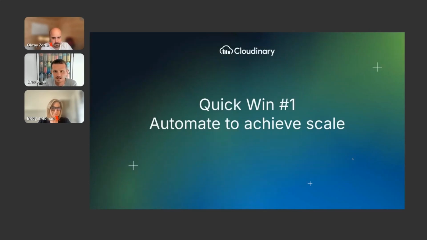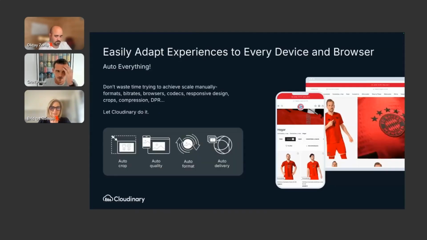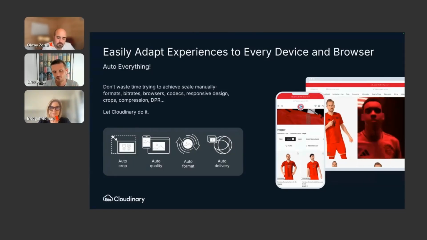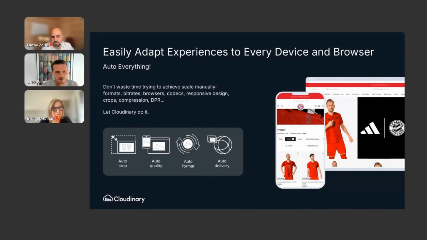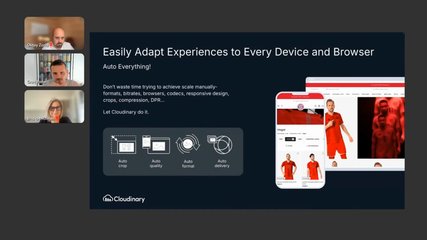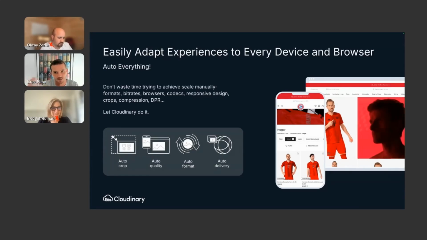So first use case is around automation at scale. And specifically, what we see is that the number of media files, think images and video, is always ever growing, right? And it's moving very, very fast. So it's very difficult to manage that manually. And one of the elements as well is that the quality and the resolution expected by consumers tends to be growing.